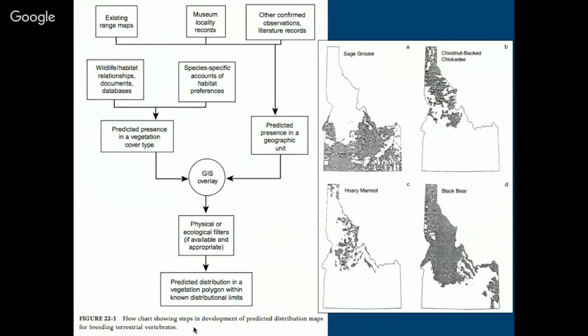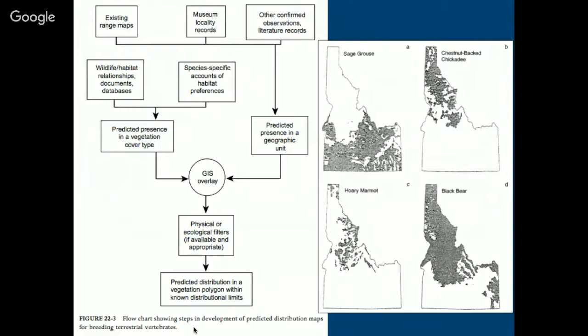And I'd point out that this thinking framework doesn't really obtain any information directly from primary data, but rather is looking for secondary information that has been synthesized. This species likes pine forest, or this species is only above 2,000 meters.